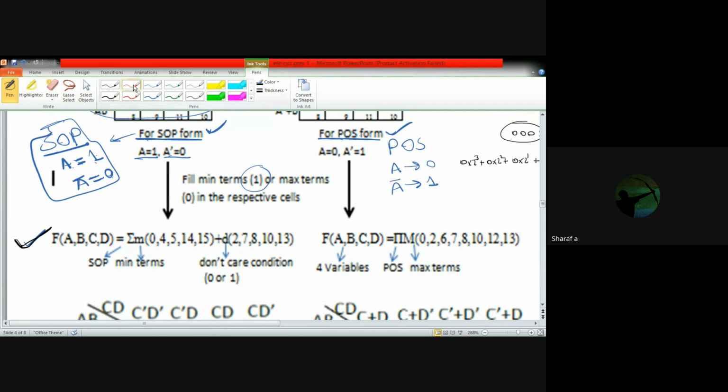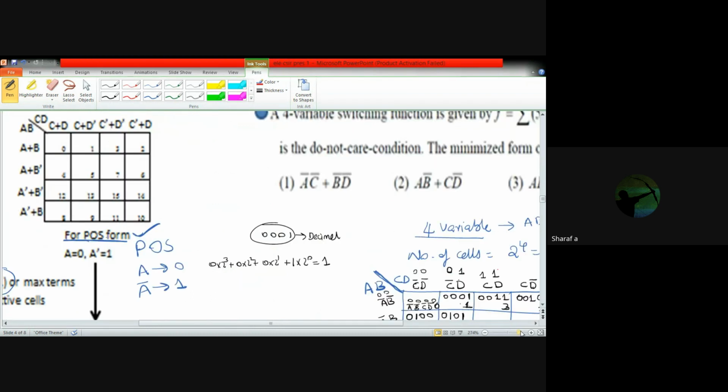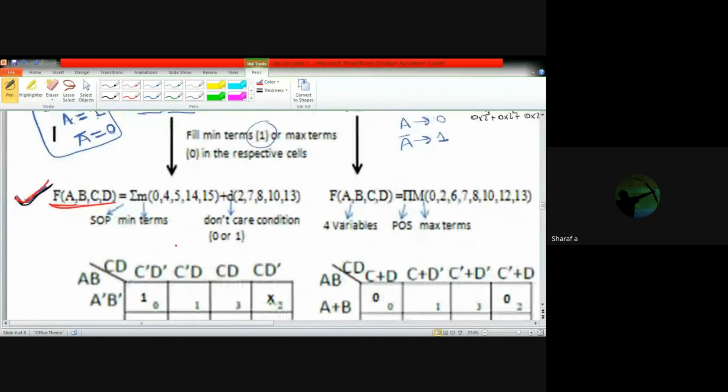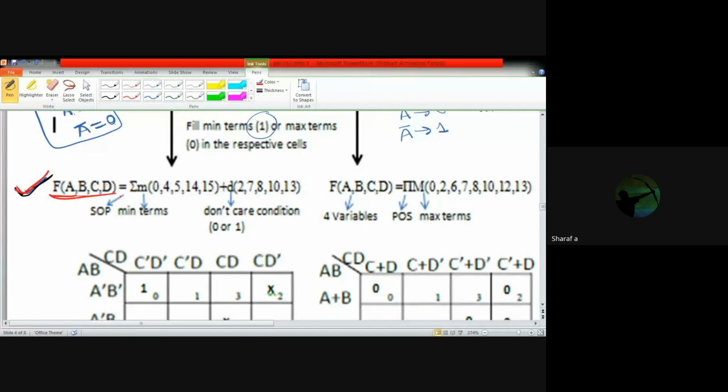What it gives you is the function f with the variables a, b, c, d, which means 4 variables are there, and this sigma represents the sum of product form, and this small m represents min terms.